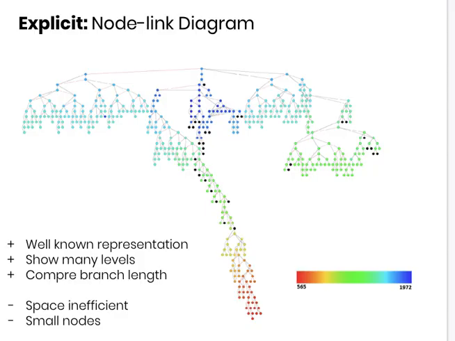And the other thing is that you're using a lot of visual ink, so to say, to show your representations. This might be something you want to avoid by showing your parent-child relationships implicitly.